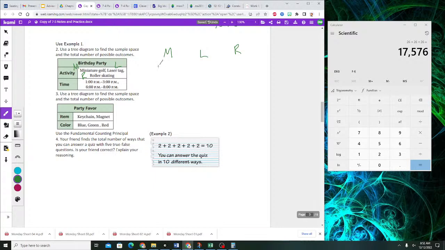Let's call them first time and second time. We can go the 1 to 3 or the 6 to 8, and then here we can go 1 to 3 or 6 to 8, and here also 1 to 3 or 6 to 8. And so we can see we have 6 outcomes.